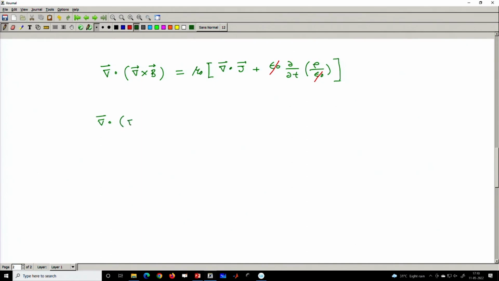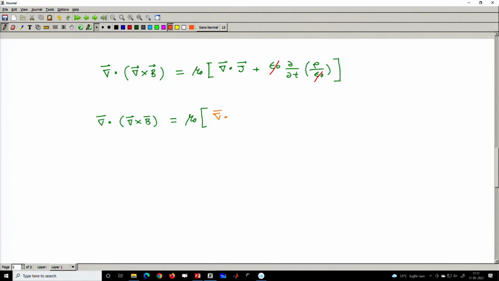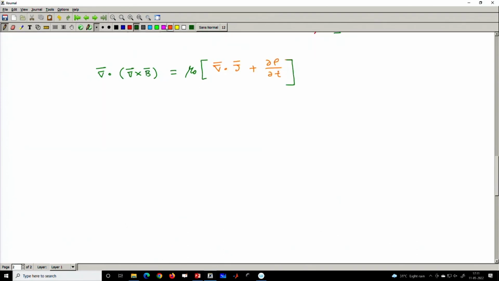Divergence of curl of B is equal to mu 0, then I write the equation in a different color, that is, divergence of J plus del rho del T. Now, this is the continuity equation, and we know that this is always 0.